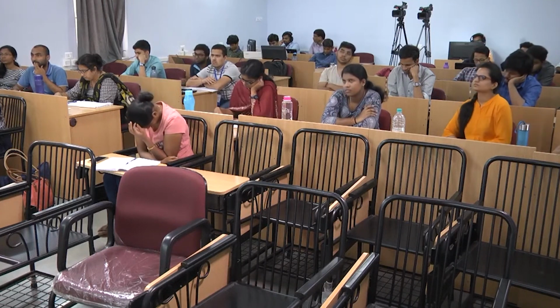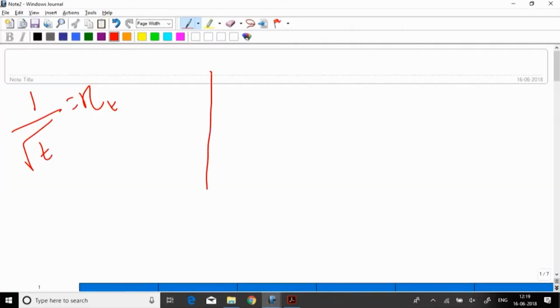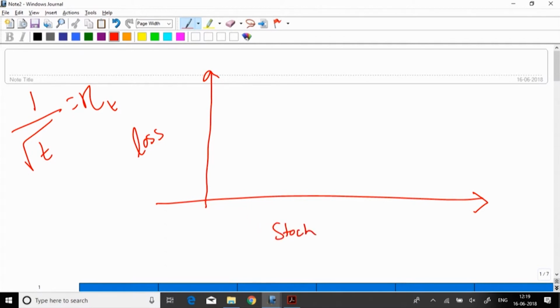Let me show you what you will observe. Remember, here you are plotting the whole loss, not the stochastic loss, on the y-axis, and here you are doing stochastic updates, 1, 2, 3, 4 and so on.